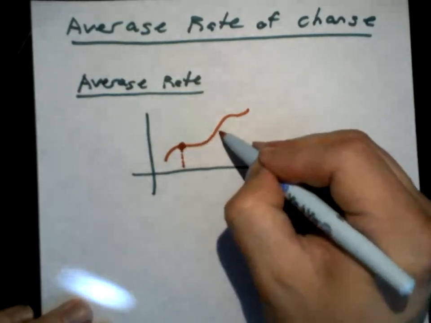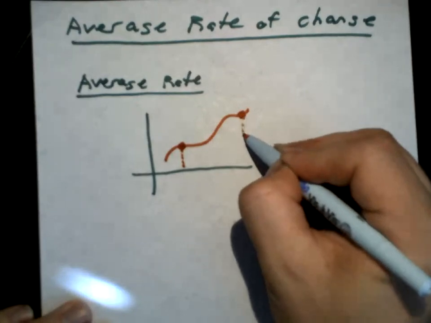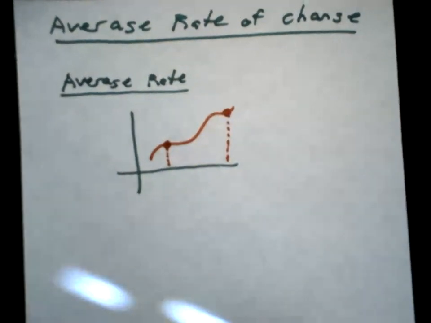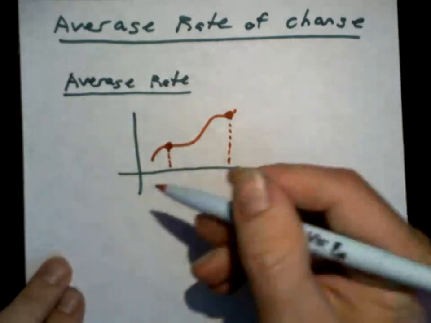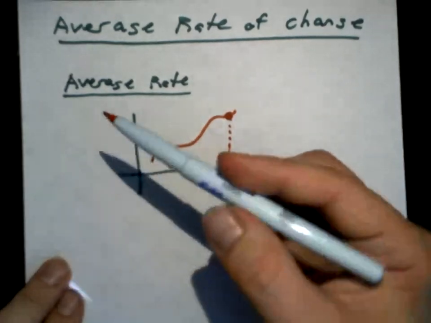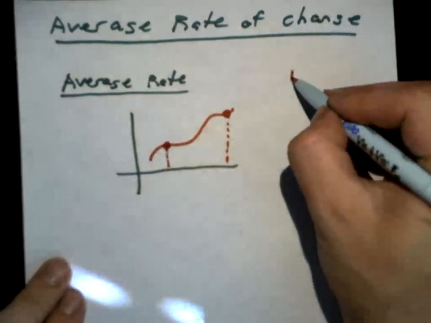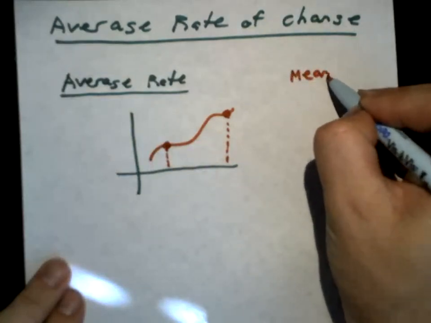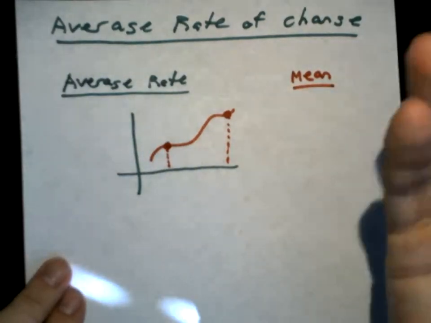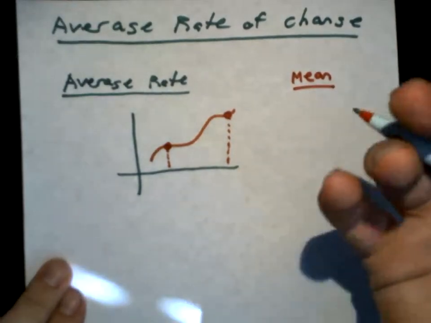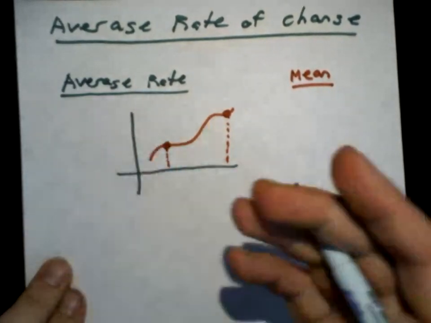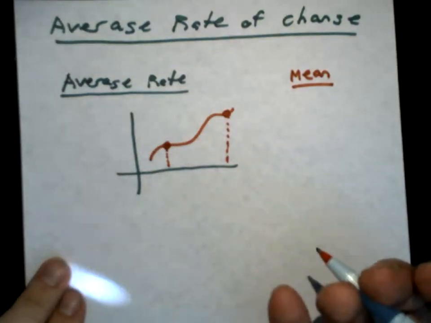And then along the graph, I'm going to go there. So think of it like the average is you add them all up and you divide by so many. That's what average is, right? It's like the mean, or average in statistics, where you add up all the numbers, divide by how many you have. The average rate is very similar to that.